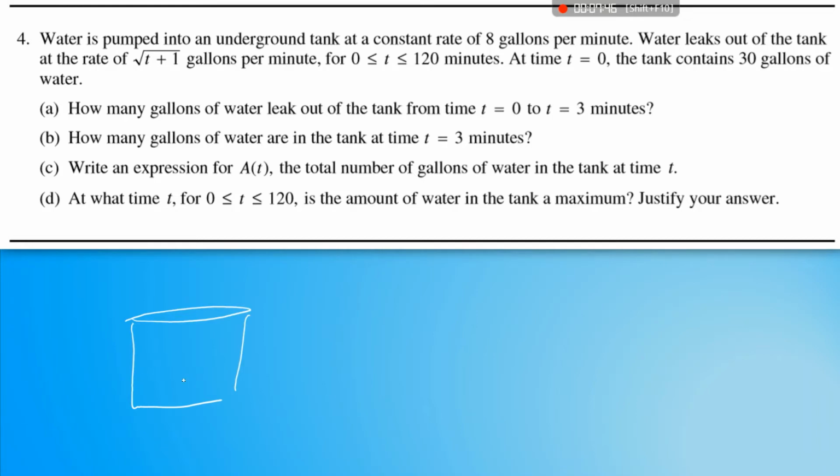tank of water. We are pumping water into the tank. So, water's coming into the tank at a rate of 8 gallons per minute.